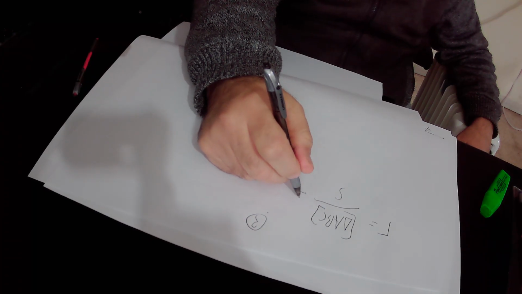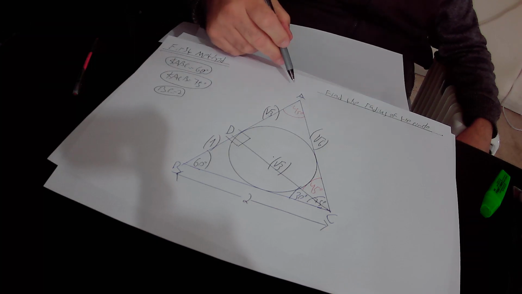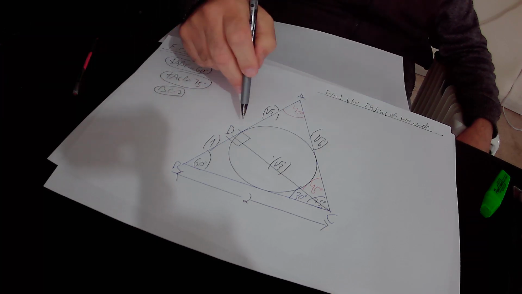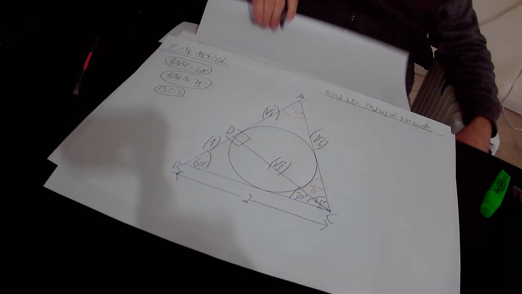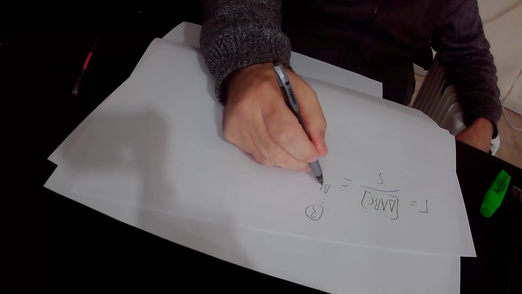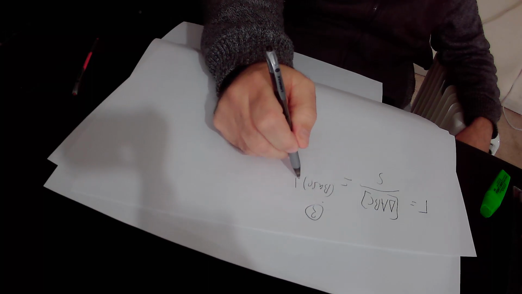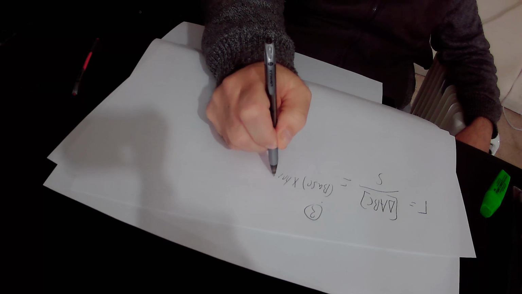So the area of triangle ABC equals the base of the triangle times the height to the base over 2. That is actually the area of any triangle. The height must create 90 degrees with the base.